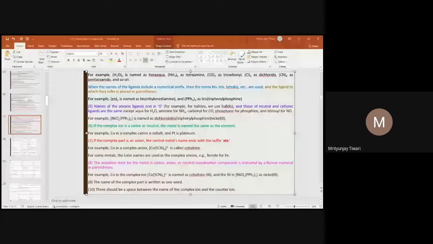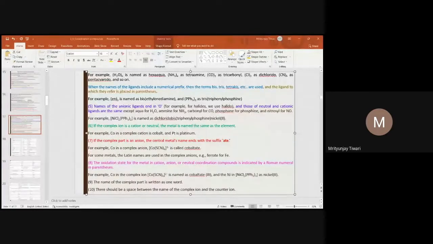If it is a negatively charged ligand, its name will end in O. Normally, if you know the name of the ligand, you just add O at the end. Chloride becomes chlorido. Cyanide becomes cyanido. Bromide becomes bromido. Amide becomes amido. Azide becomes azido. Phosphide becomes phosphido.